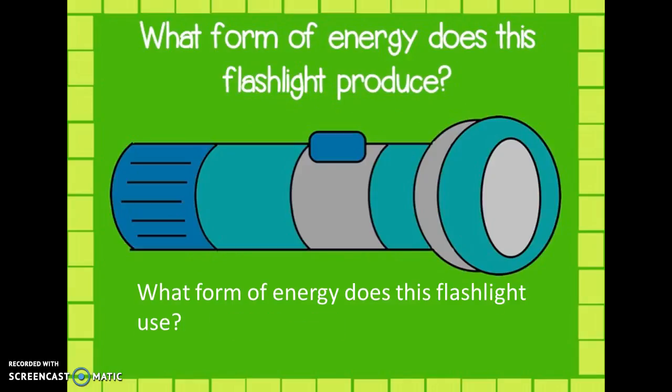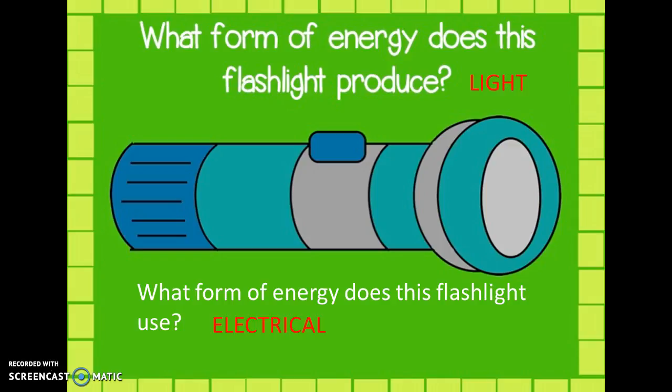So here's a flashlight. Let's start at the bottom. What form of energy does this flashlight use? What makes it work? Electrical. And in this case, we would call it chemical electrical because it's a battery. What form of energy does the flashlight produce? What's coming out of the flashlight? Light.